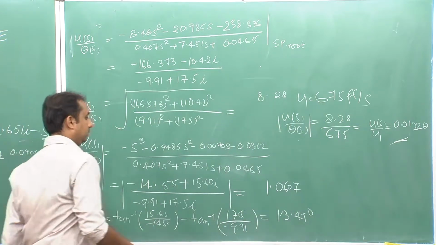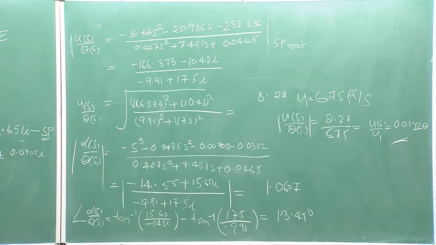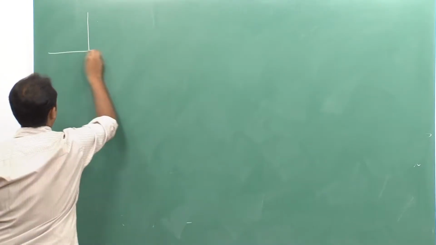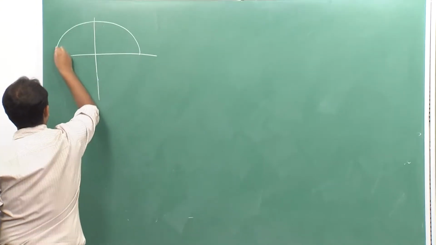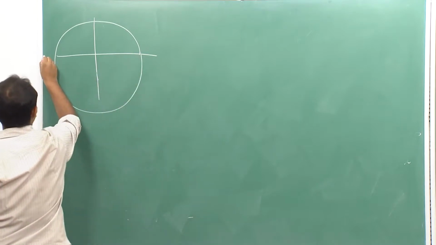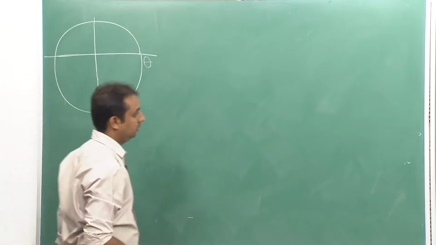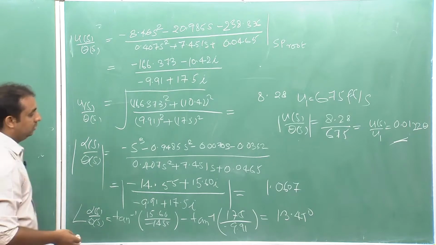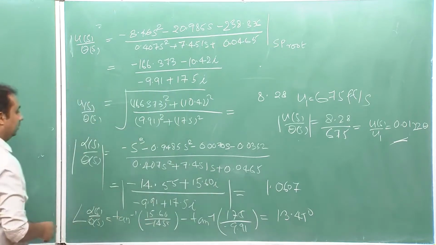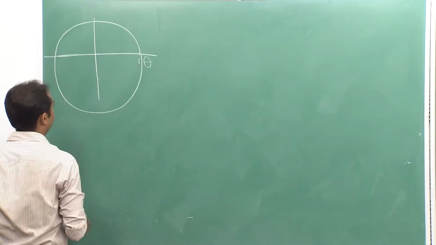So, now drawing the mode shape of this analysis for short period mode, this is a unit circle where, as I saw during the analysis, the magnitude of alpha upon theta is 1.067. So, the vector is on a circle of unit radius.